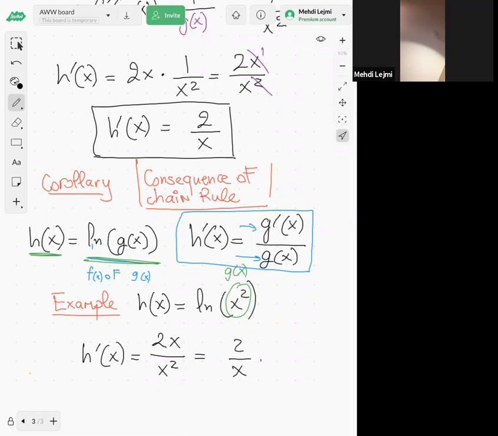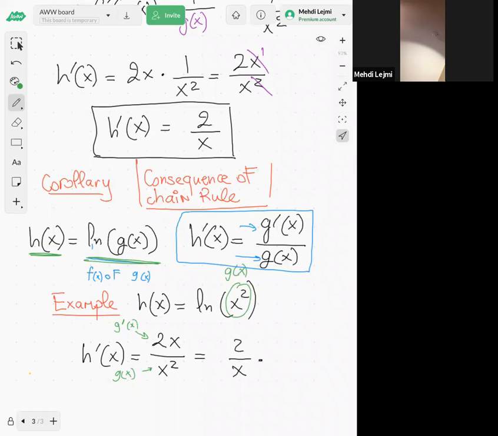So what I'm saying, guys, is that whenever we have natural log of some function g, the derivative is g prime over g. This is g prime of x, and this is my g of x.